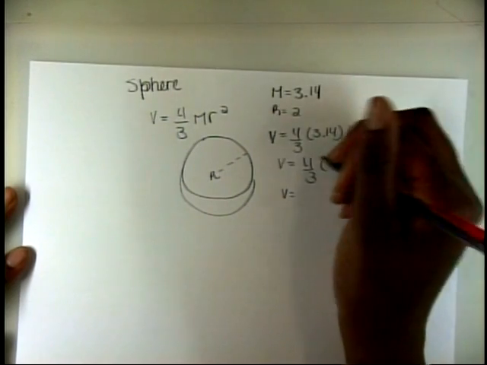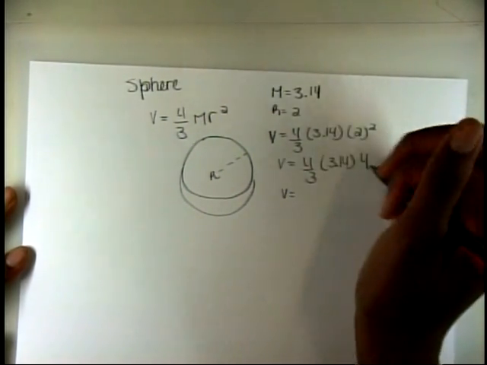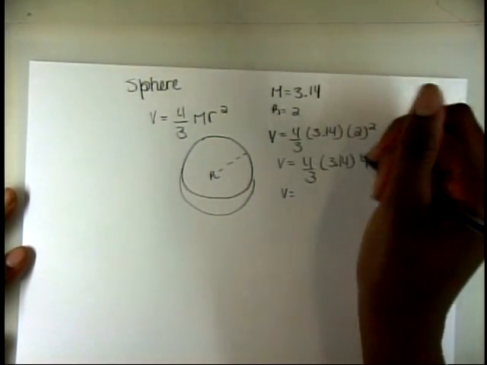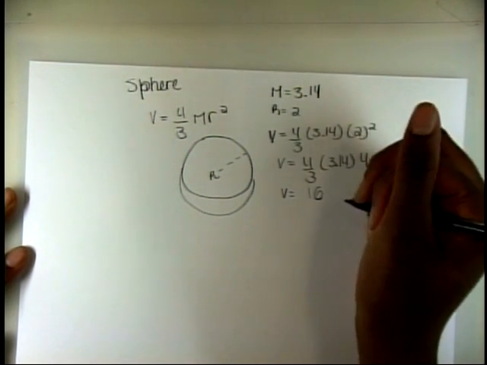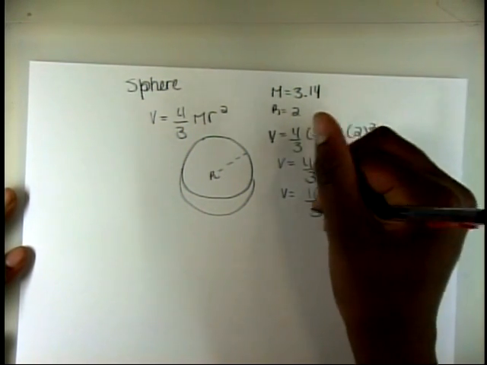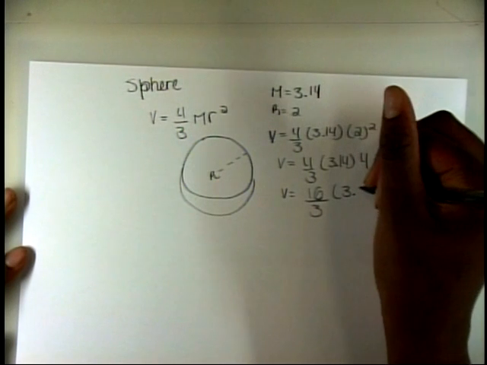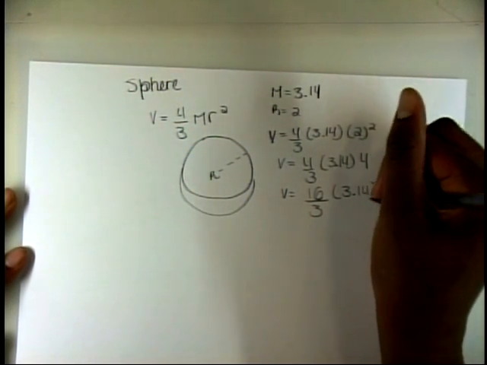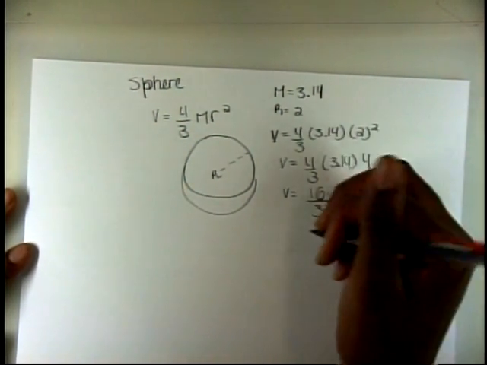I'm going to multiply these 4 so I can get my whole numbers out the way. 4 times 4 will give me 16/3 times 3.14.